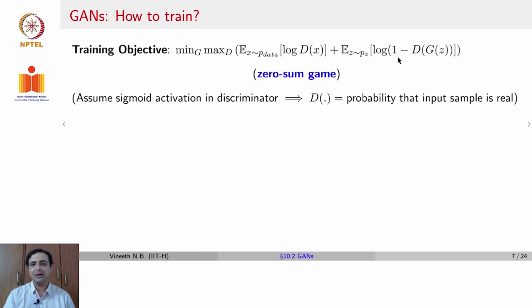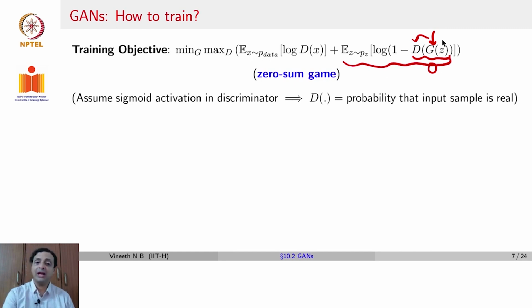And the second part states, if you now take a sample from the Gaussian and give that Gaussian to your generator G, and the output of the generator is given to the discriminator, we want to ensure that the output of that is 0. At least the discriminator must aim to make this value 0, and that would happen when this entire quantity is maximized.